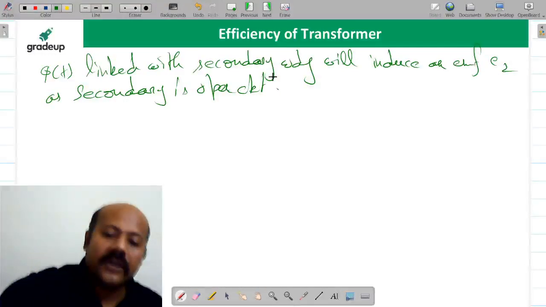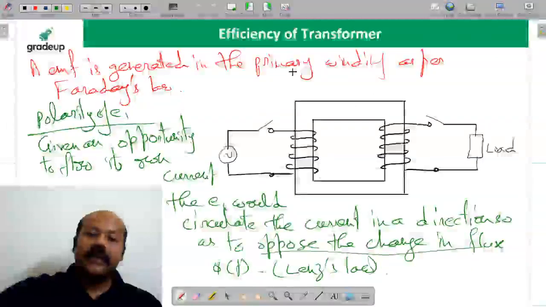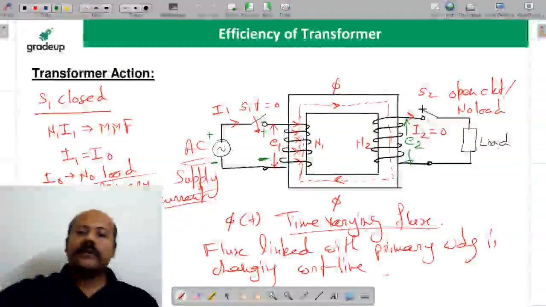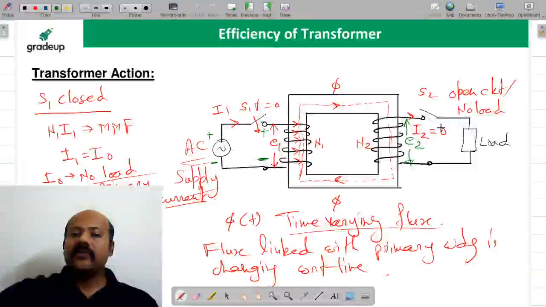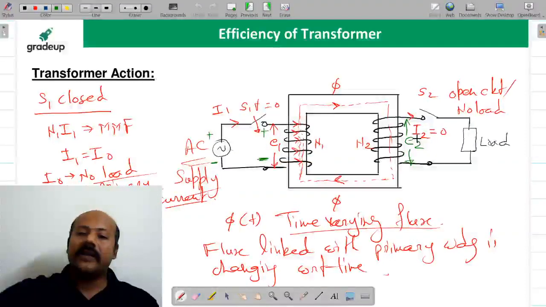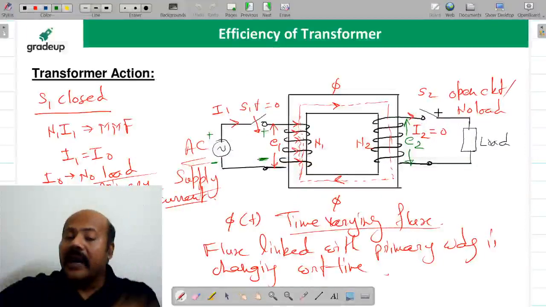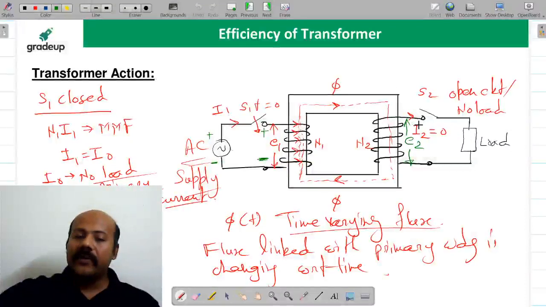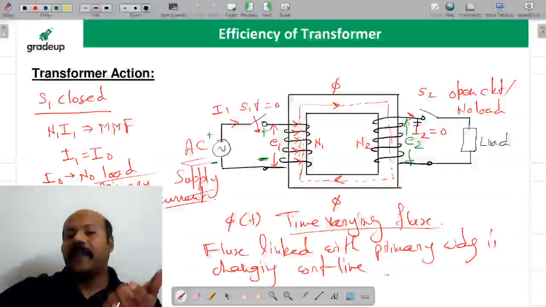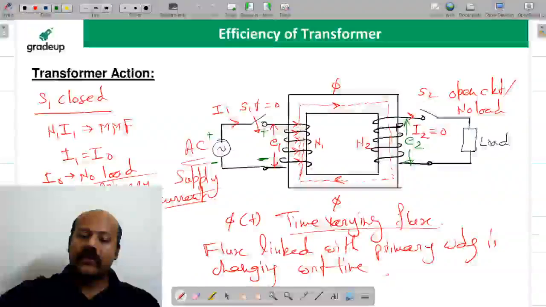Now please try to understand. This secondary circuit is open. This switch is open. If this switch is open, no current is going to flow, but still there will be some EMF. What is that EMF? E2. Now how you are again going to find the polarity of E2? The same logic you will apply to find the polarity of E2 also. What is that logic?